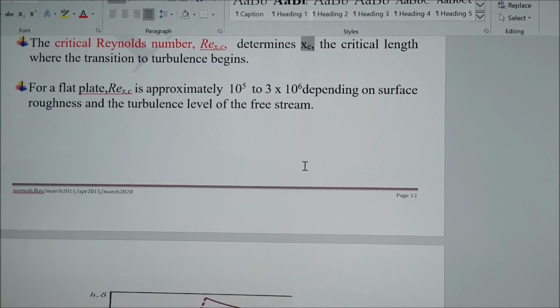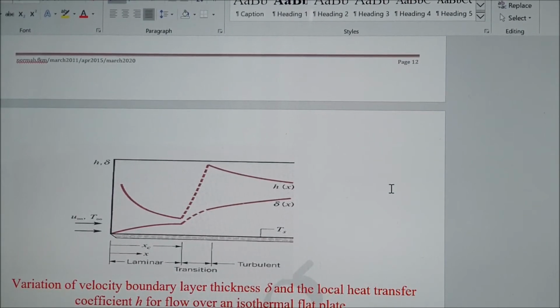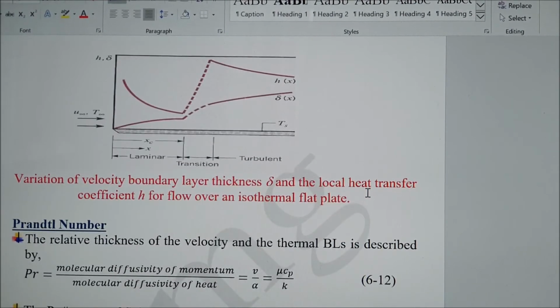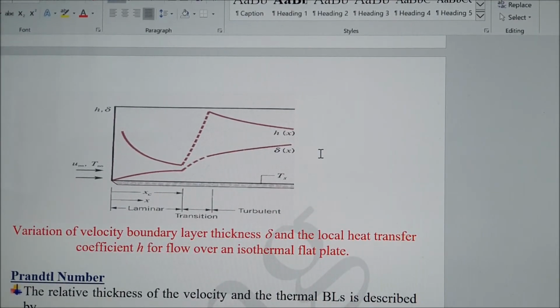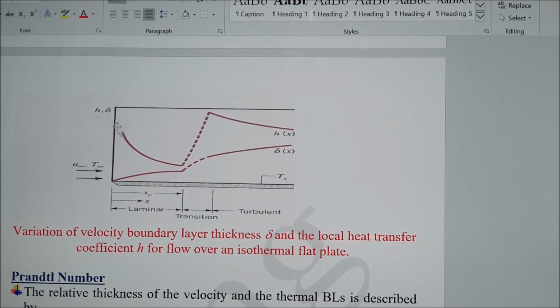So why do we bother about laminar and turbulent regions? Because the heat transfer coefficient varies. You can see here that the heat transfer coefficient decreases in the laminar flow region, increases within the transition region, and decreases again within the turbulent region.